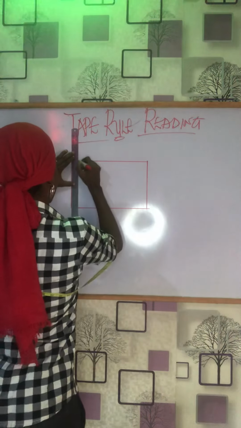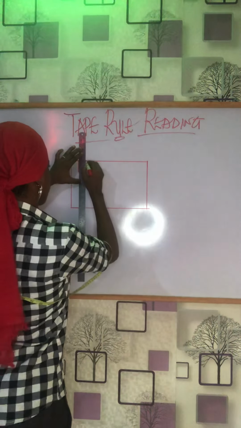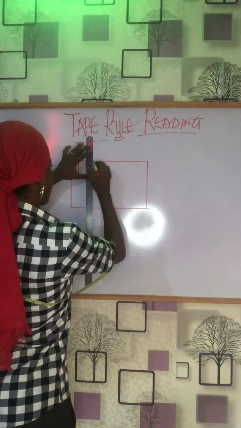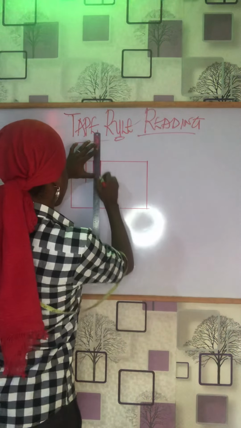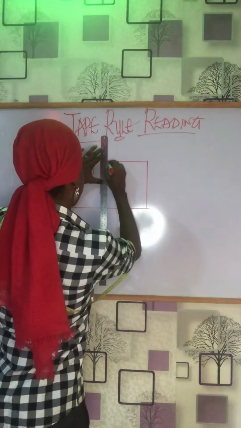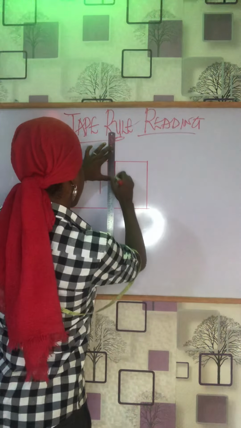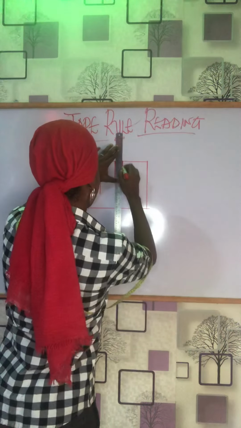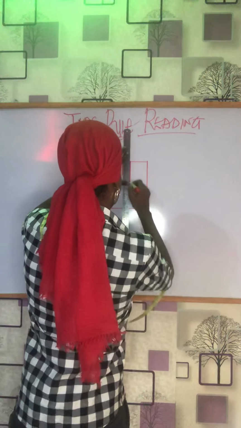Good. 1, 2, 3, 4, 5, 6, 7, and the last one, which is 8.